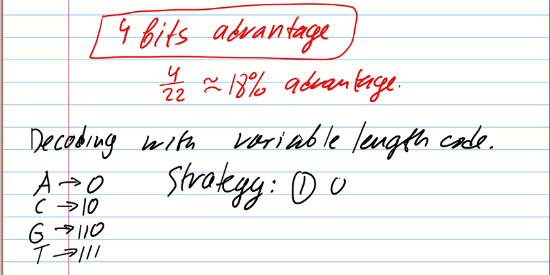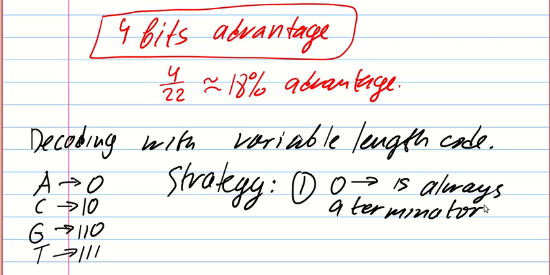Let's put it on the screen. If you find 0, 0 is always a terminator. That's how it's called officially. Terminator, like in the movie, it kills everything. So it stops your movement. What does it mean? It means stop.